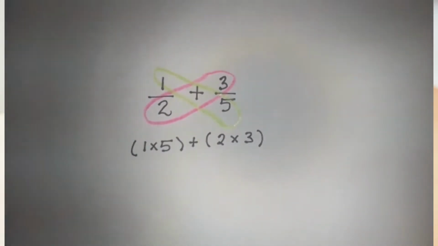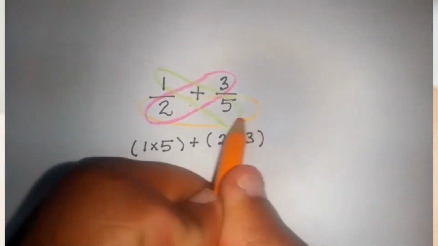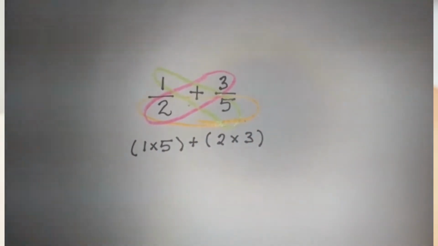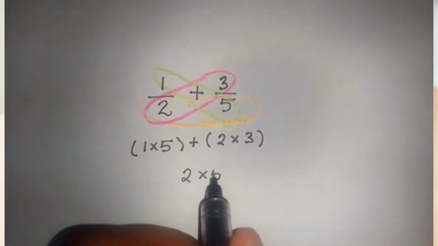And that will give me my new numerator. My new denominator would be between the 2 and the 5, so I'm going to have 2 times 5.